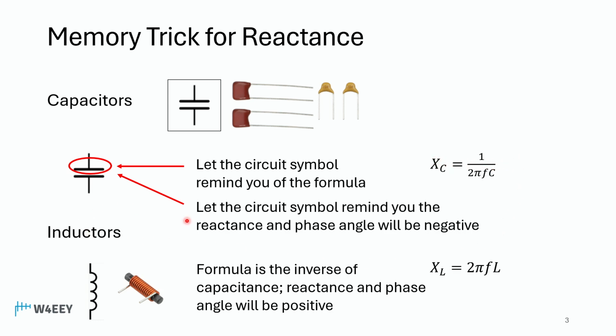Also the lines in the capacitor can remind you that the reactance is considered negative for the purpose of our calculations. Remember, we had positive for inductive and negative for capacitive, so the symbol might help you remember that. For inductors, the formula is just the inverse, or the reciprocal. In this case, reactance and phase angle will be positive. It's negative for a capacitor.